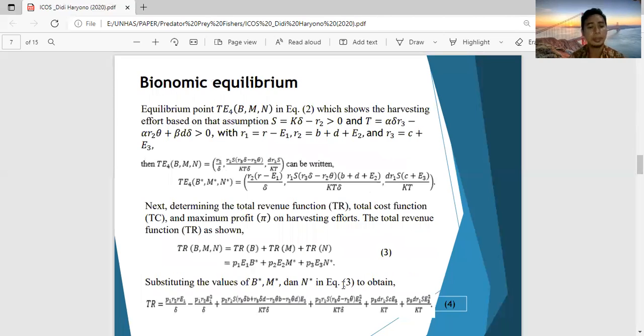Next, based on TE4, we determine the total revenue function TR, the total cost function TC, and the maximum profit function P on harvesting efforts. For determining TR, we use the third equation and obtain it as shown in the fourth equation.